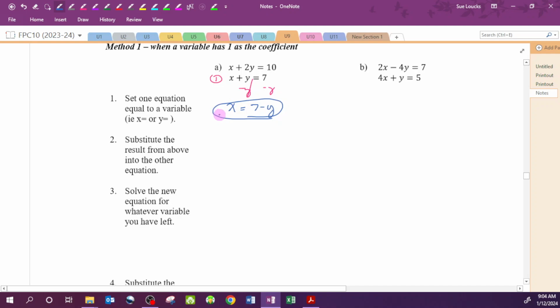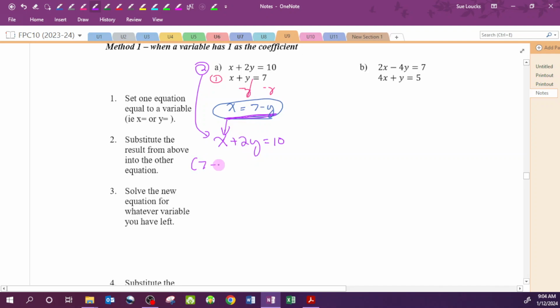Step two is I'm going to take that and substitute it into the other equation. So I take my other equation, bring it down here, and I've got x plus 2y equals 10. Then I replace the x in the second equation with 7 minus y.